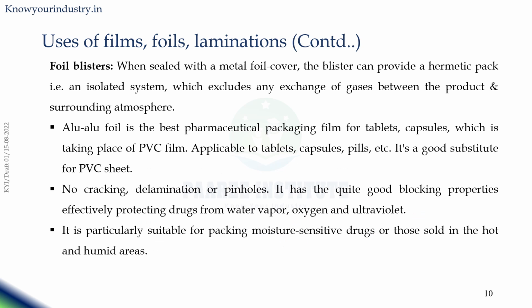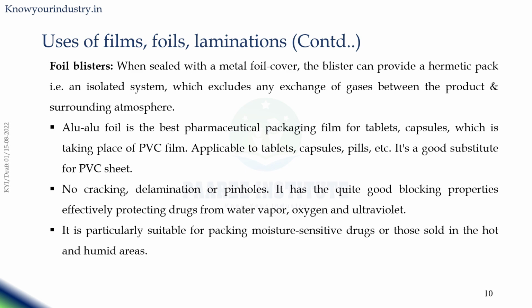Foil blisters, when sealed with a metal foil cover, can provide a hermetic pack, that is, an isolated system which excludes any exchange of gases between the product and the surrounding atmosphere. Alu foil is the best pharmaceutical package and is commonly used. As we discussed, for tablets and capsules it takes the place of PVC film, because it won't give cracking, delamination, or pinholes.